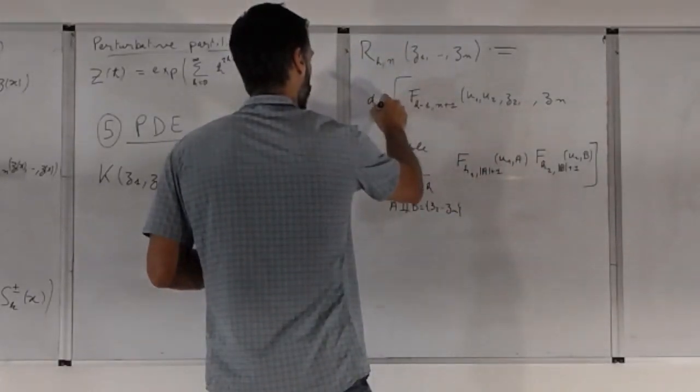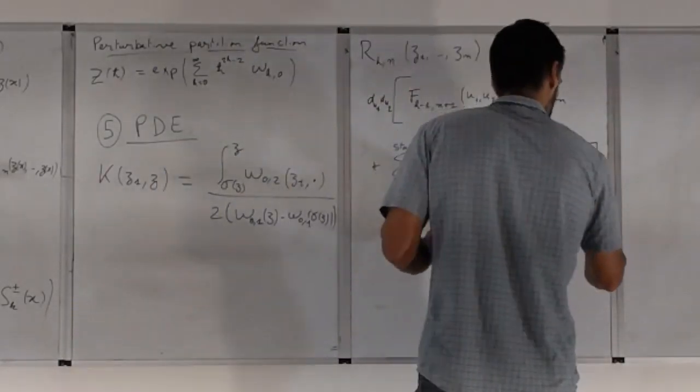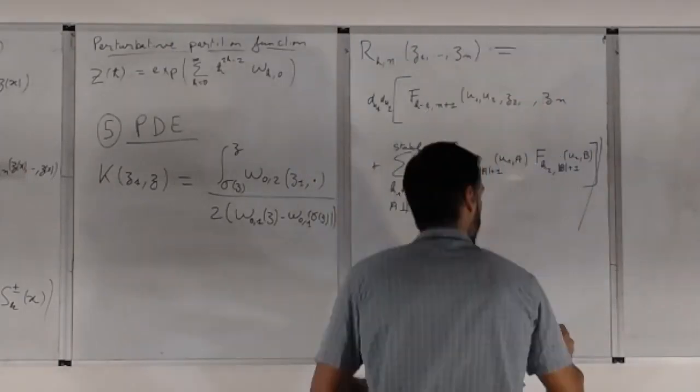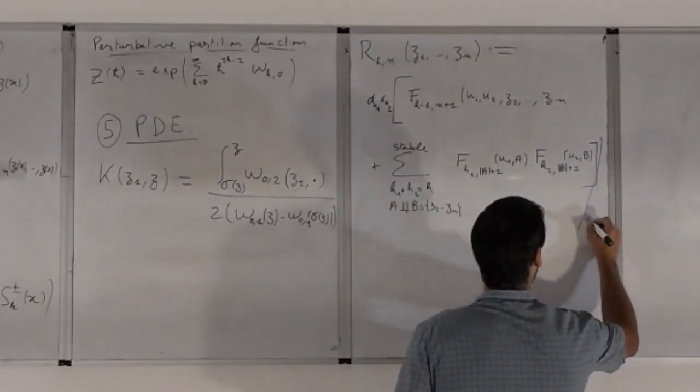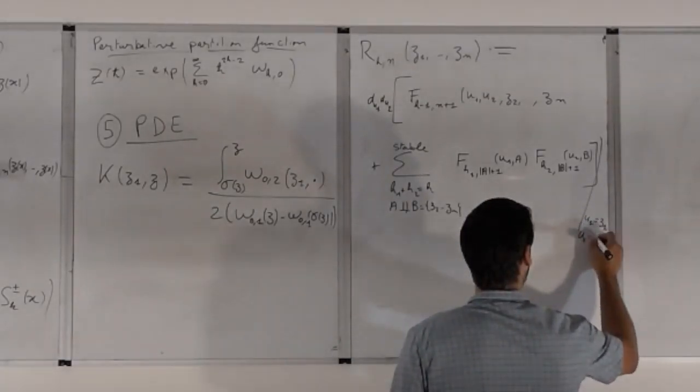You take the exterior derivative with respect to u1 and u2, and you evaluate it at u1 equal to z1, u2 equal to sigma of z1.